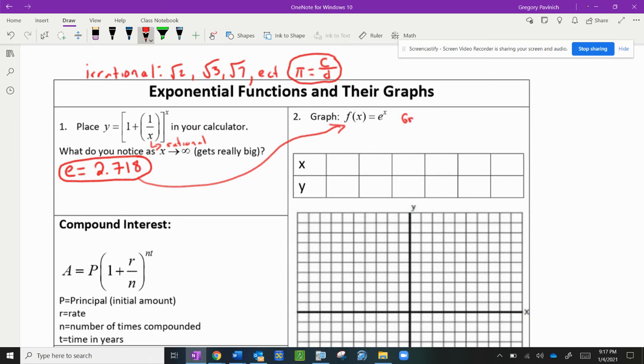Obviously, this is going to be a growth because my base is greater than 1, because it's about 2.718. And we're going to input some values. So let's do again -2, -1, 0, 1, 2, 3. And then we're going to write e to the -2.